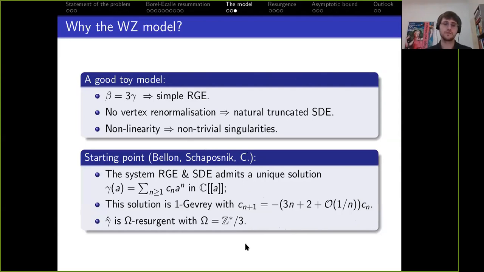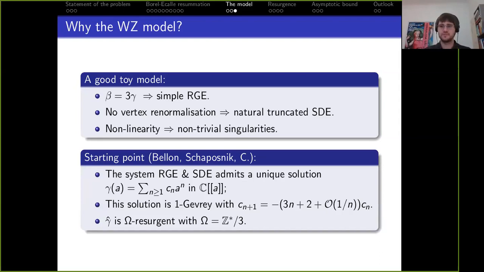With Marc, we've also shown that the Borel transform of the anomalous dimension is actually resurgent. So we know a lot about the anomalous dimension of the theory, and at least in principle, we should be able to transfer this information to the full 2-point functions using the renormalization group equations and also the Schwinger-Dyson equation.